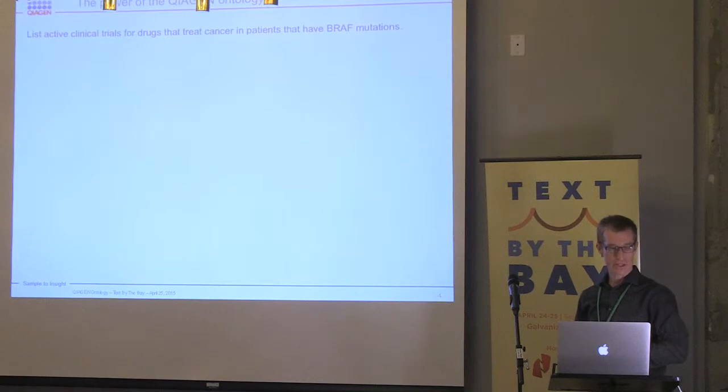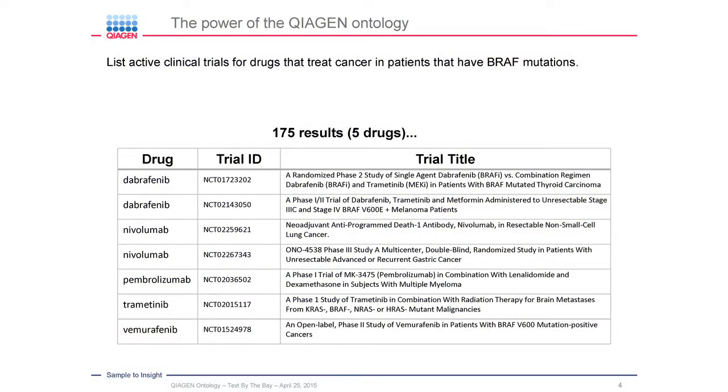And it turns out there are particular drugs that are in some level of testing to treat cancer, indicated for patients that have mutations specifically in that gene. So we ran this query recently, we got 175 results over a collection of 5 unique drugs, and I've just listed some examples here.